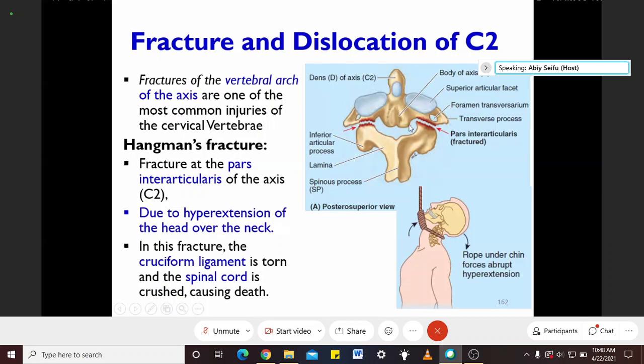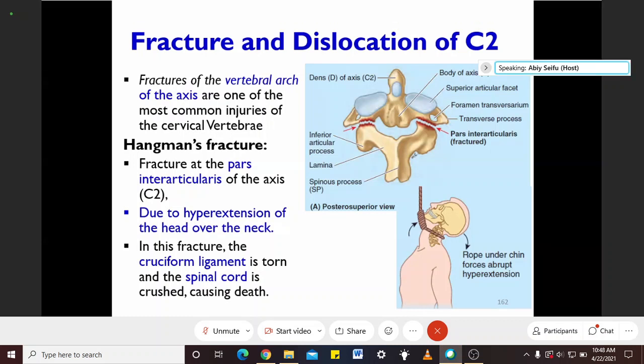For instance, such a fracture occurs in the area between the superior and inferior articular facets, which is called the pars interarticularis. Such fractures occur when the head is hyperextended.